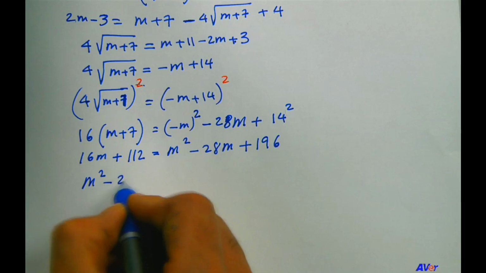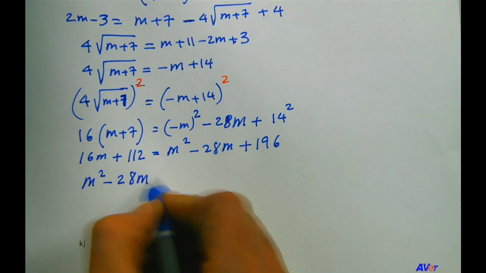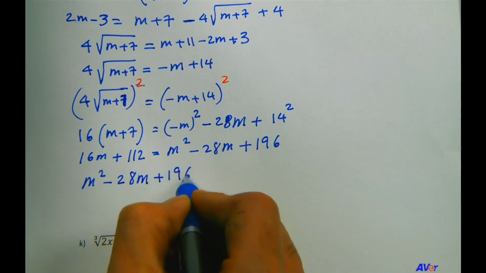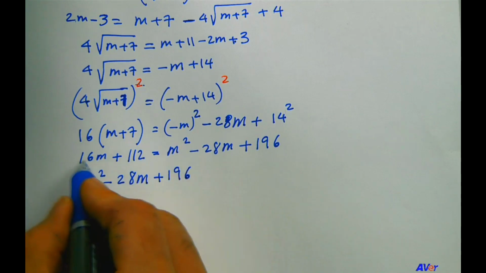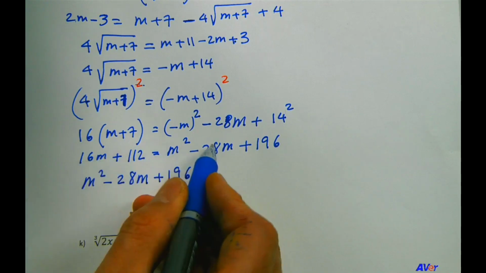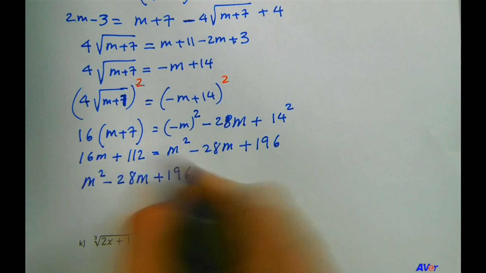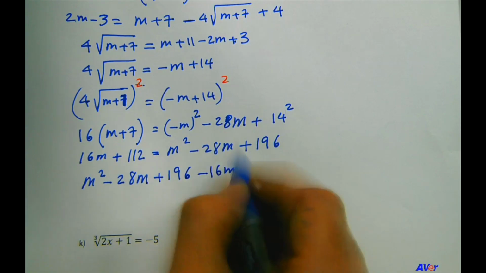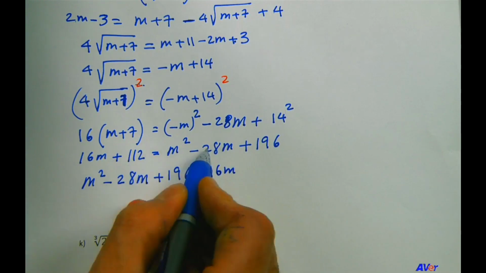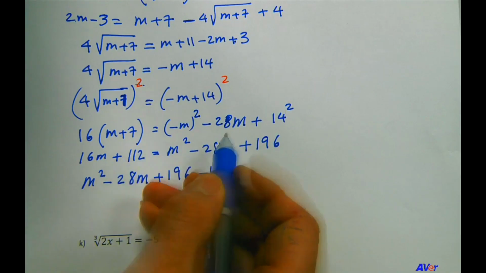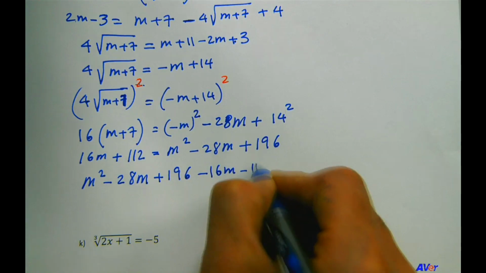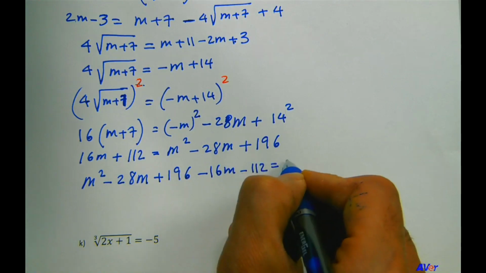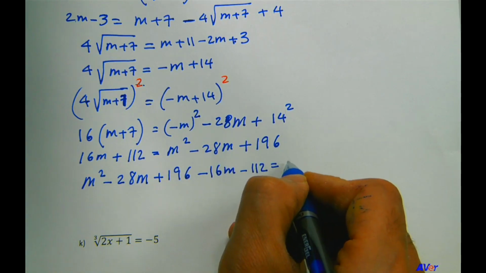Now, 16m is going to join them. It was positive, now it becomes negative. 112 is going to join this group. It was positive before I moved it. When I move it, it becomes minus 112 equals 0.